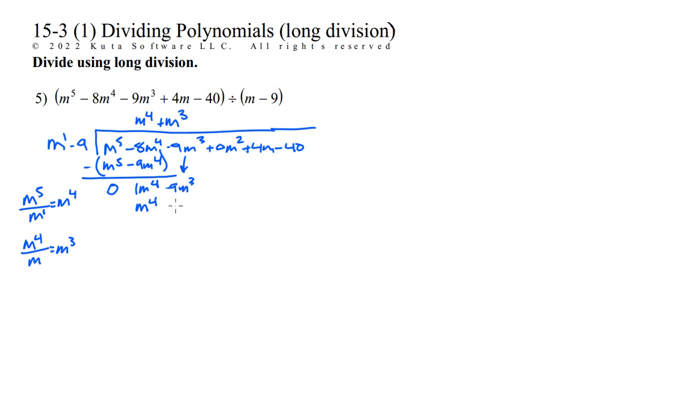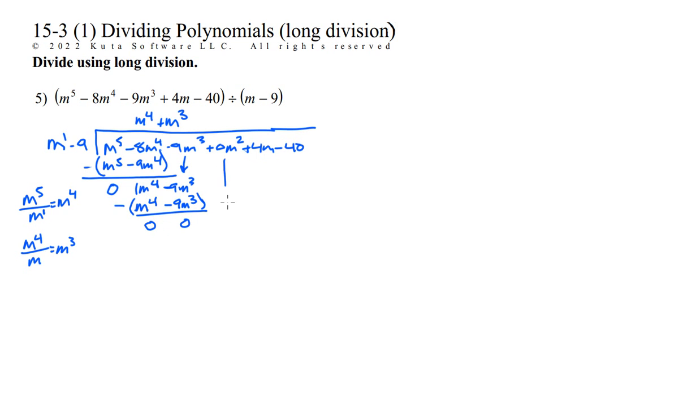M cubed times negative 9 is negative 9m cubed. Now remember we're going to subtract all this. So negative 9m cubed minus negative 9m cubed is plus 9m cubed, so that's going to give us 0. 1m to the fourth minus m to the fourth is also 0.